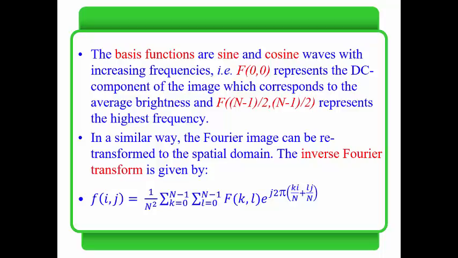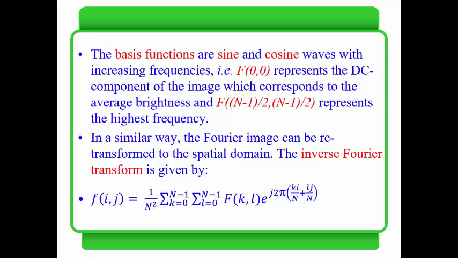Here we say that the basis functions are sine and cosine waves with increasing frequency. So how can I read these resulting values after converting with the Fourier transform? Here the position of the point, which is the row number and the column number, corresponds to the frequency. So when I say f of 0, 0, this represents the DC component, or the average component among all of the image.